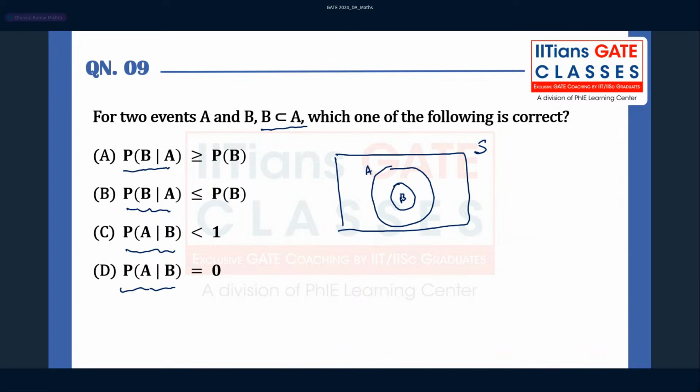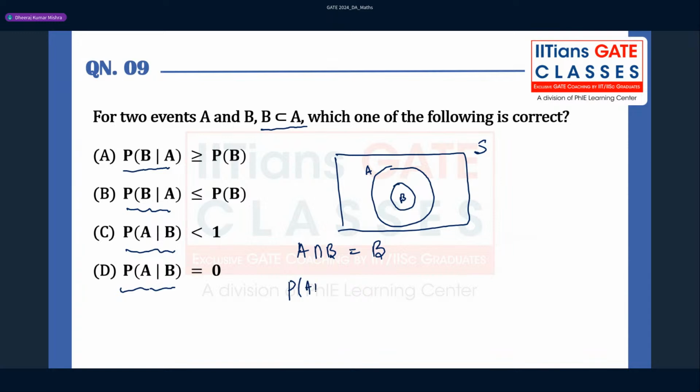Yes. So what you can do here is now you can find out what is A intersection B, right? A intersection B is nothing but what? You can say B only, because after all B is a subset of A, right? So you can assign the probability.